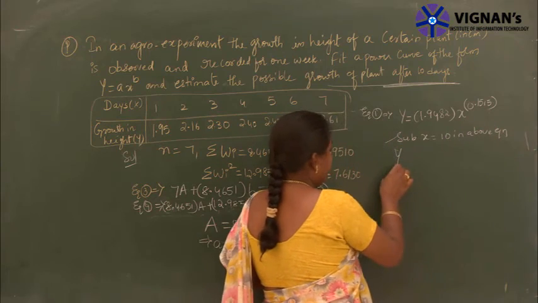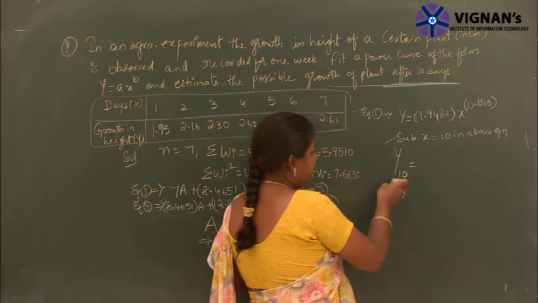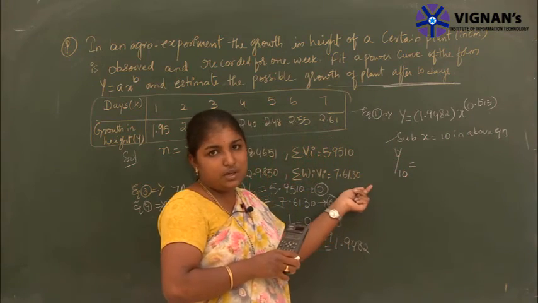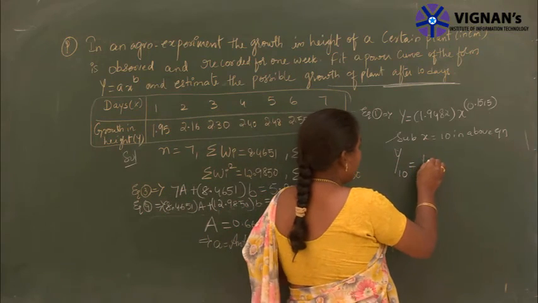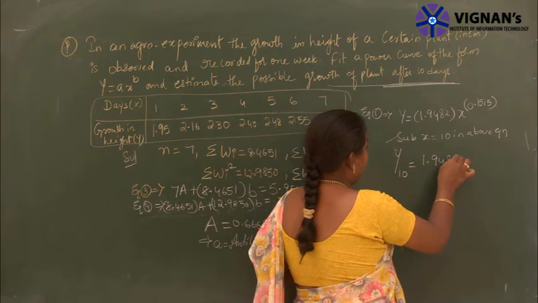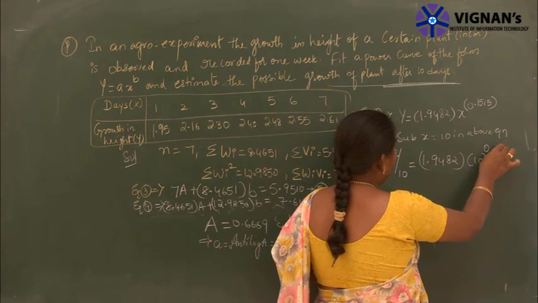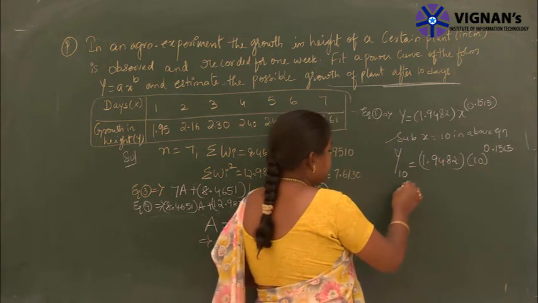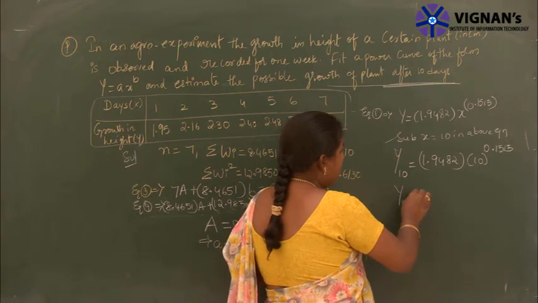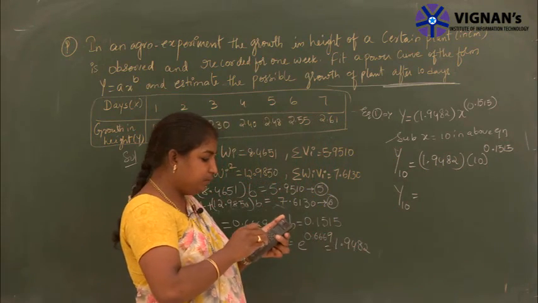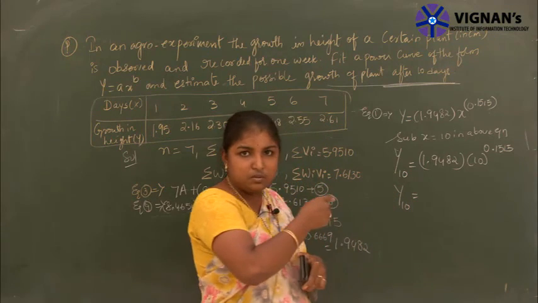We get y at 10, that means the 10th day growth, equal to 1.9482 into 10 to the power of 0.1515. This can be solved by using the calculator.